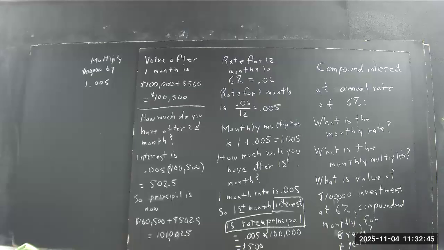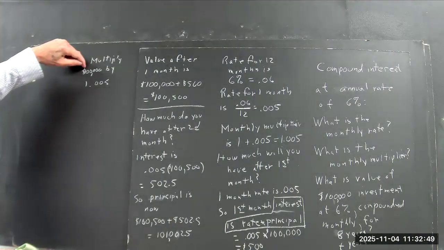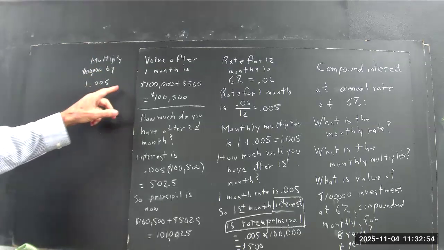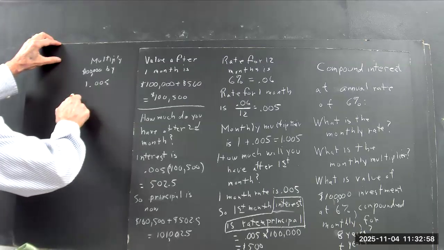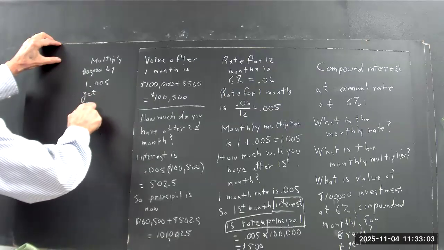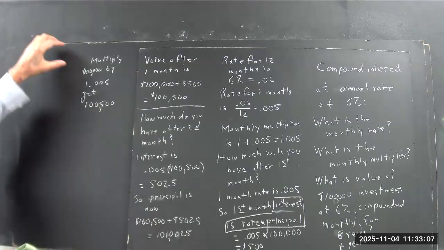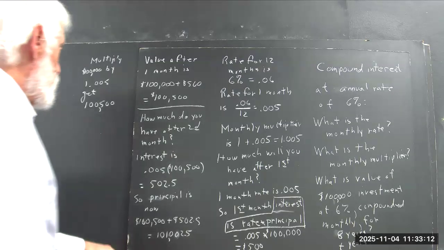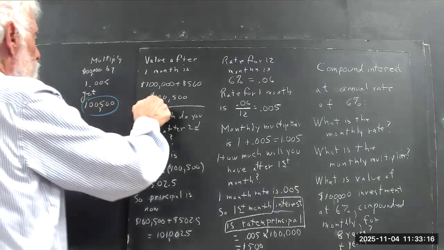Some people use the calculator. You don't need the calculator. Multiply 100,000 by this, you're going to move the decimal over 1, 2, 3, 4, 5 places. You get this. Now you notice that this is the same as this.